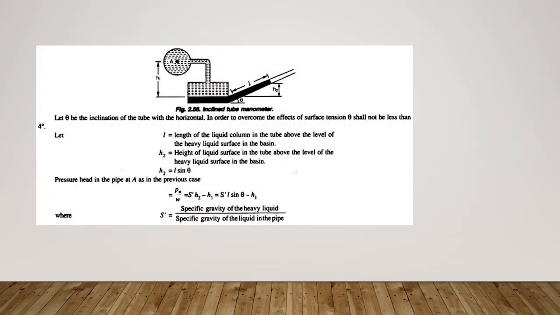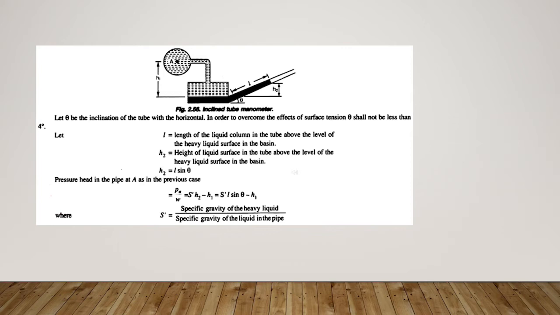We let theta be the inclination of the tube with the horizontal. In order to overcome the effect of surface tension, theta shall not be less than 4 degrees. Let L be the length of the liquid column in the tube above the level of the heavy liquid surface in the basin. H2 is the height of the liquid surface in the tube above the level of the heavy liquid surface in the basin. So H2 is equal to L sin theta.